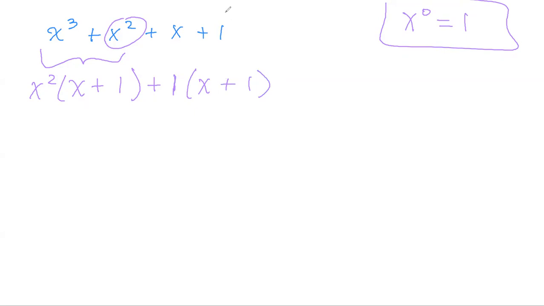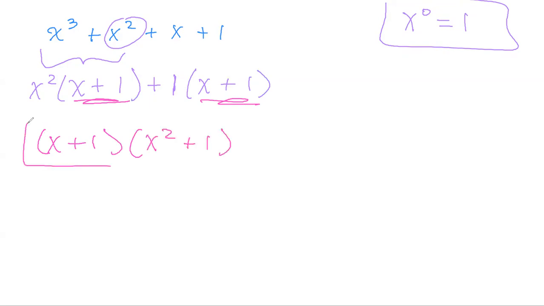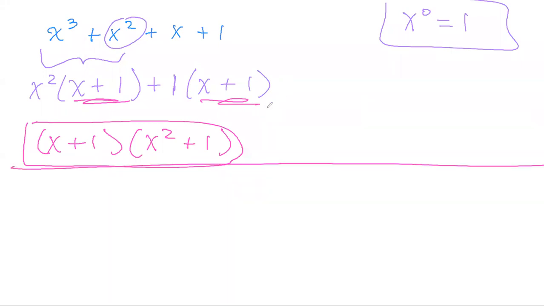If you notice, I have the same thing in the parentheses, so I'll write that first, x plus 1, and then combine my outside pieces, which is x squared plus 1. Okay, I think I'll do maybe one more example like this.